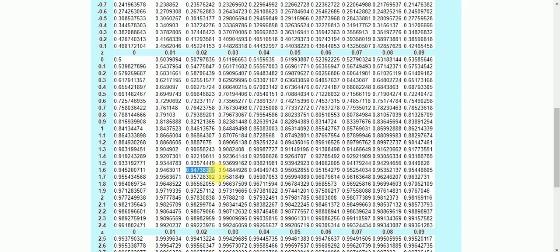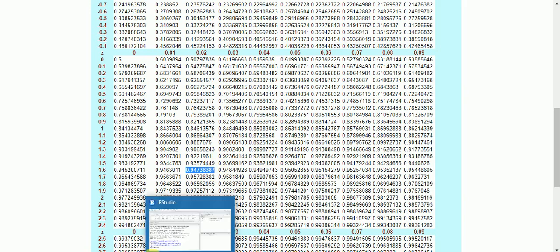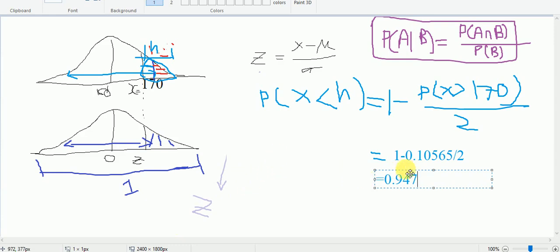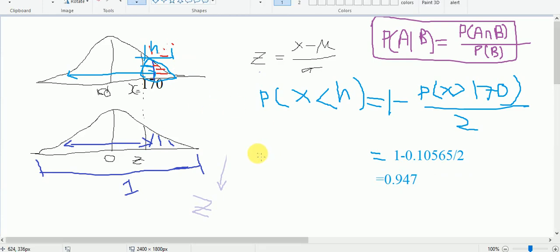So for z equal to 1.62, basically I can write that this happens for z is equal to 1.62. So that's my solution.